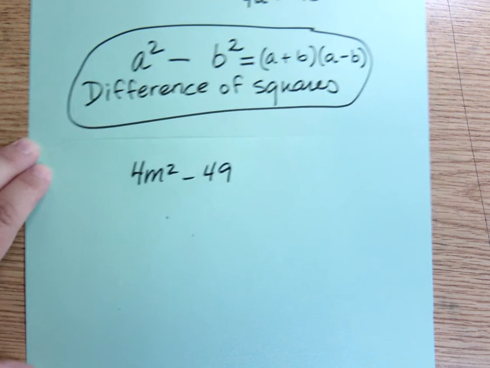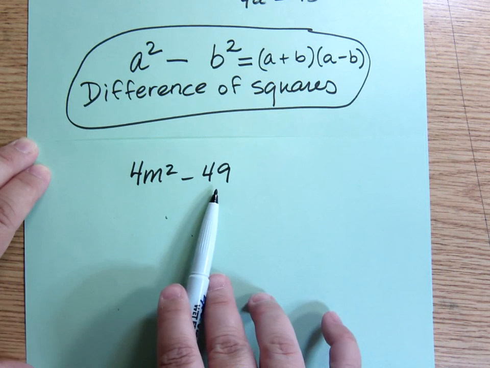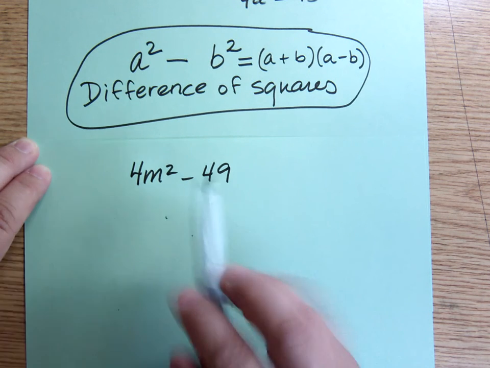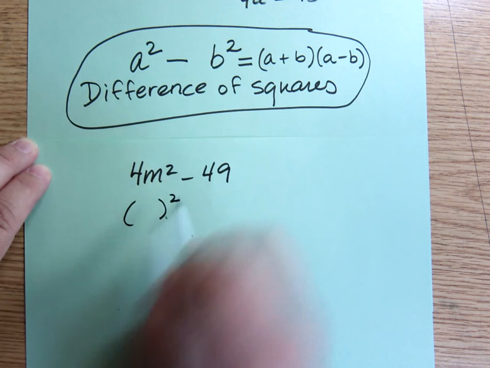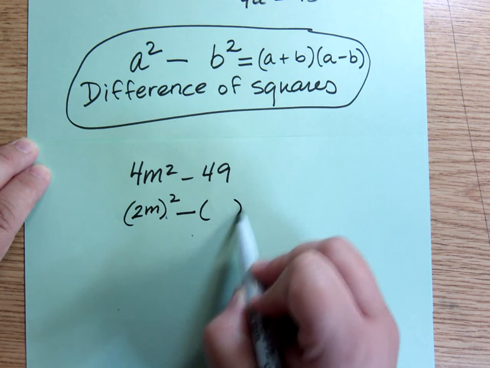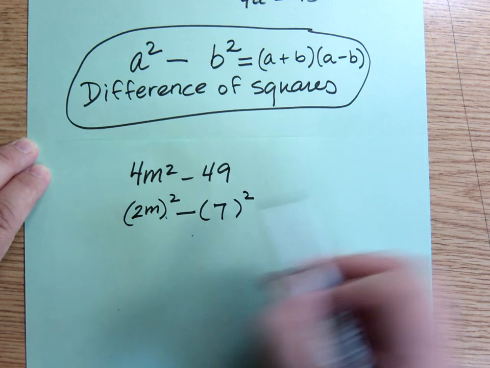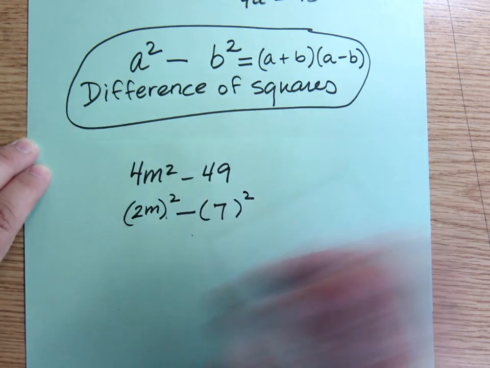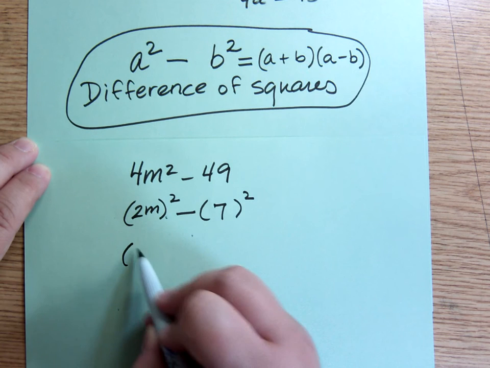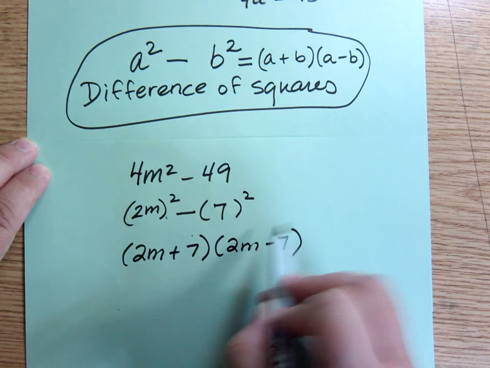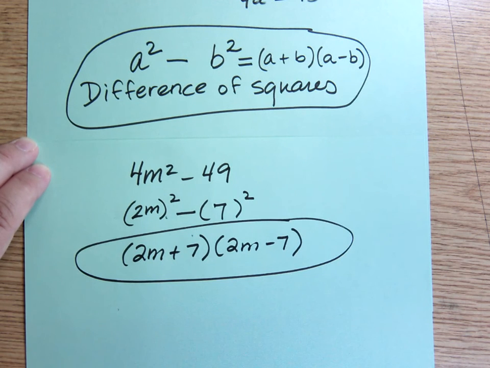If I think it's a difference of squares, which it's going to be, then I have to identify what is squared here and what is squared here. This is 2m times 2m, so it's 2m squared. This is 7 times 7, so it's 7 squared. So 2m is my a and 7 is my b. So my answer is just 2m plus 7 times 2m minus 7. And remember, multiplication is commutative, so it doesn't matter if you write the one with the plus first or the minus first.